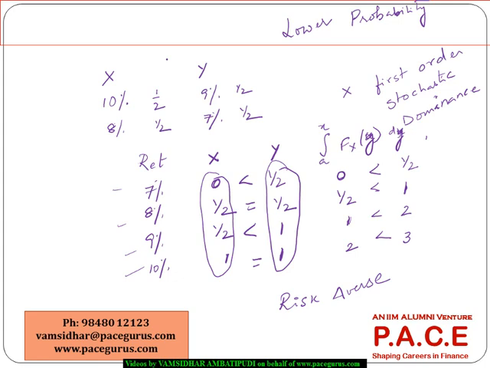So if there are two return distributions which have similar levels of expected mean value, the one having the lower variance of the two is typically chosen by the investor for investment decisions.